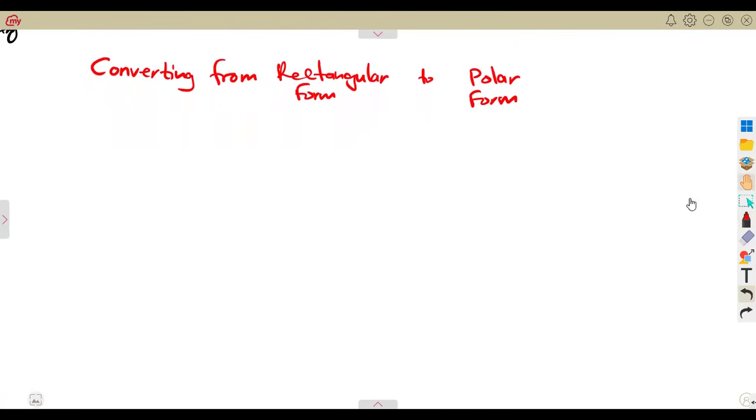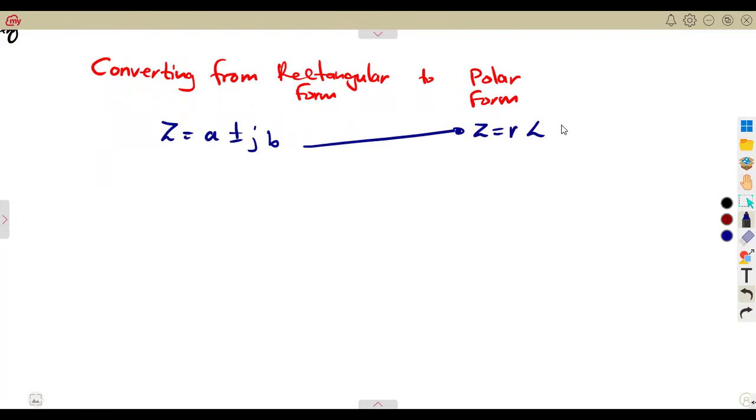Remember what we had in rectangular form: we are presenting something of this nature, Z is equal to A plus or minus JB. We want it to be written in polar form, where Z is now written as R angle theta, like that. So the question is, how is that possible?